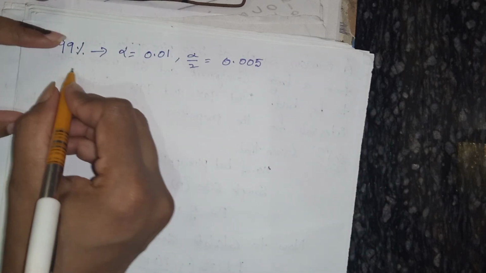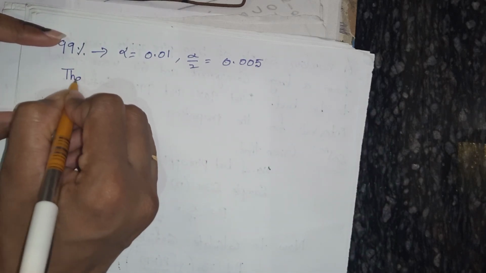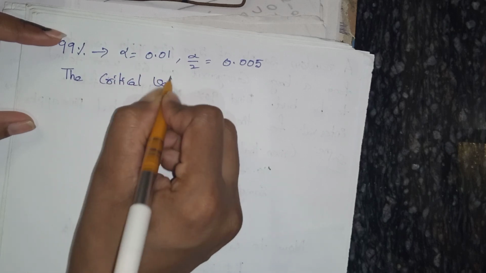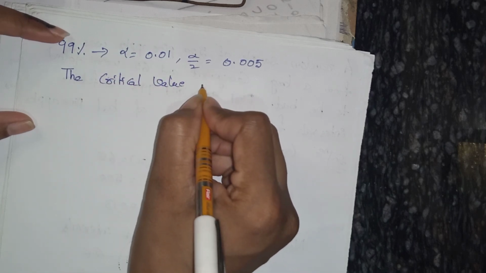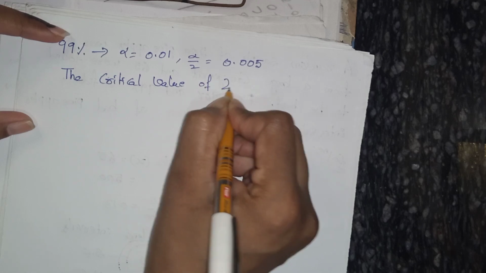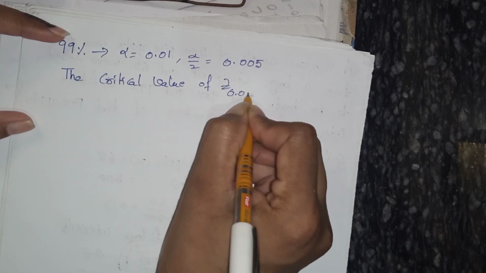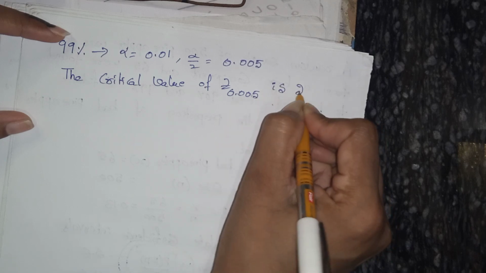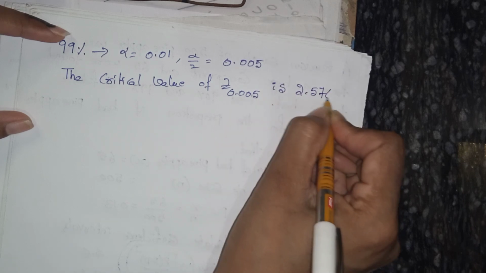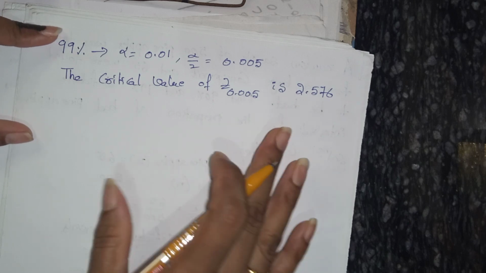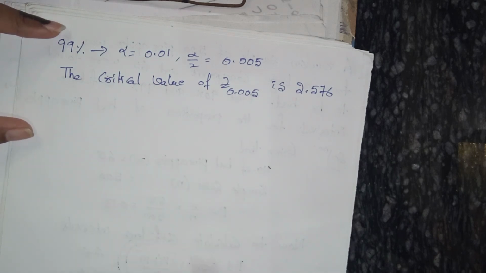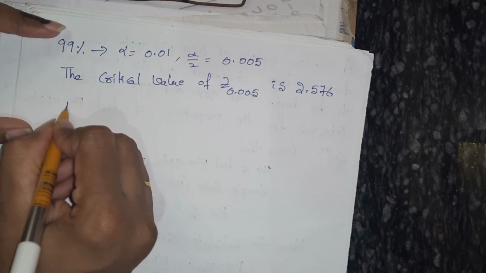Now the critical value, or we can say the table value, of Z 0.005 is 2.576. Now we have to find the margin of error.